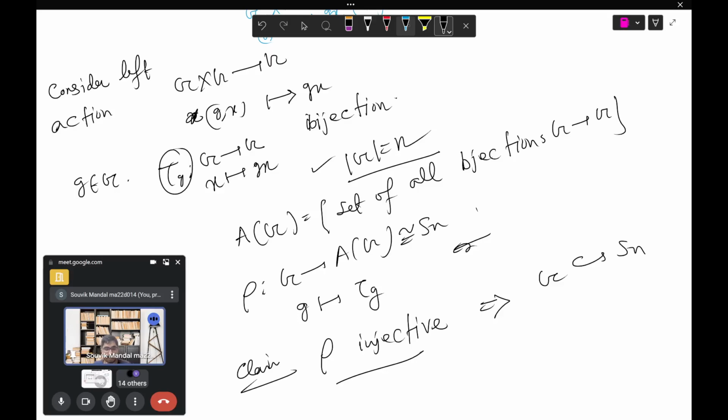Please check that the rho map is injective, which gives Cayley's theorem.